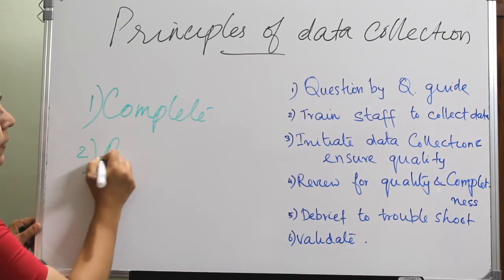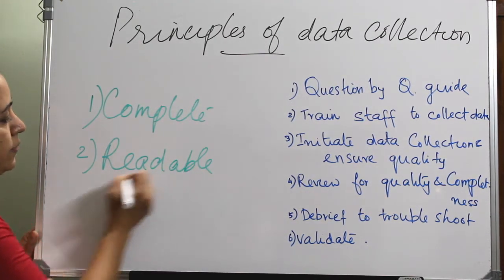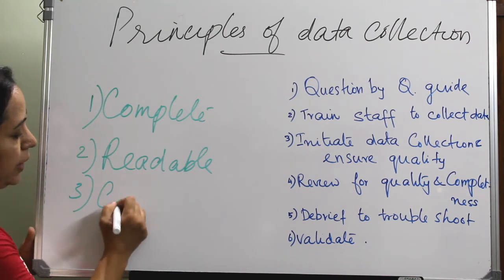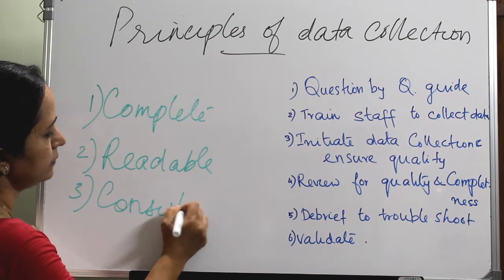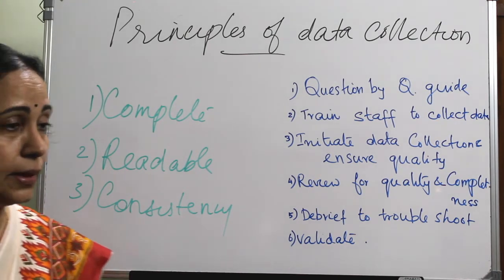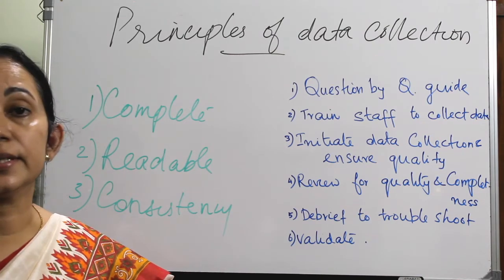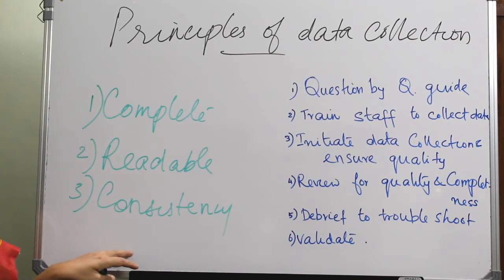And second, readable. You make sure that the answers given are readable, and also consistency. Check whether the answers make any sense, and also check whether internal validity is fulfilled. All these three things have to be checked.